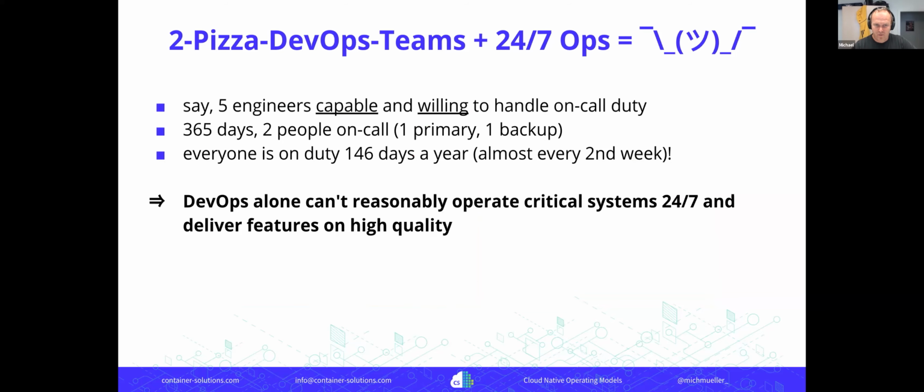So what can go wrong? Let's say you have a team of 5, a reasonably sized DevOps team, and they are capable and willing. Willing is important because a lot of people don't want to do 24/7 on-call duty. Usually the setup is one is primary, one is backup. So you have a rotation policy.